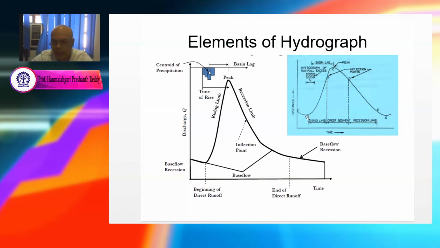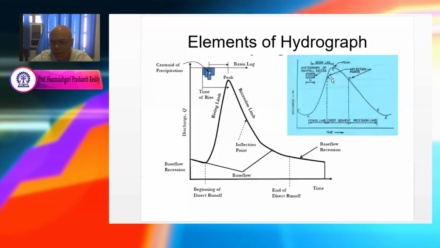A is the point when the rainfall starts. B is where the rising limb starts tapering off. Then C is the peak. Then at D the recession limb starts.